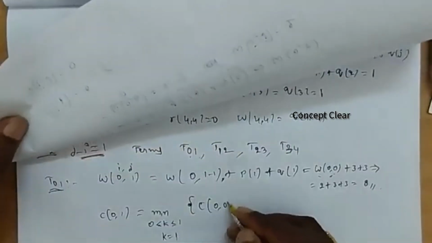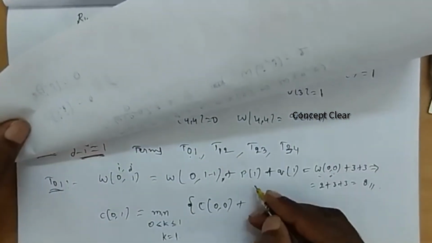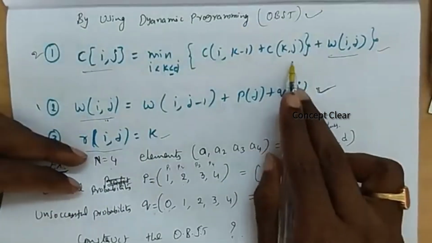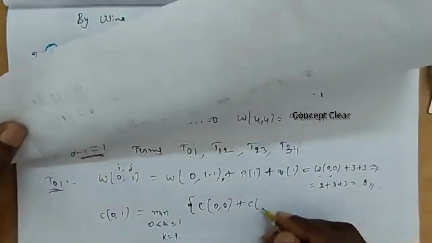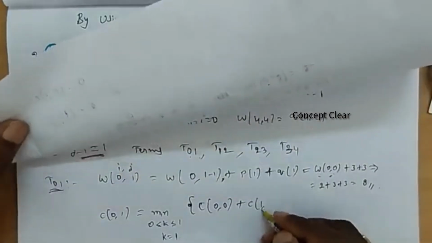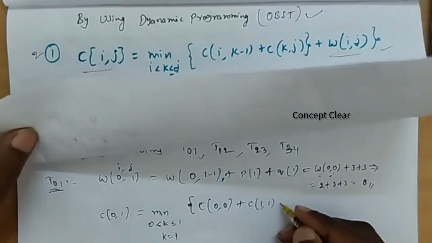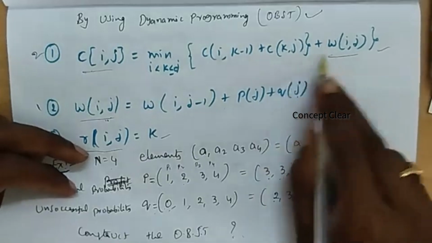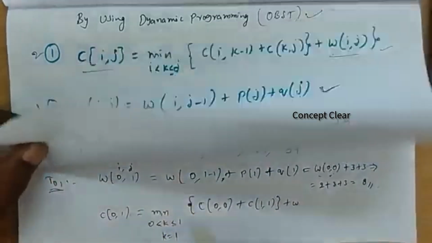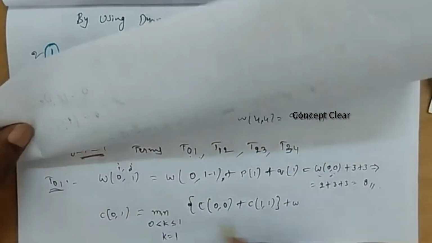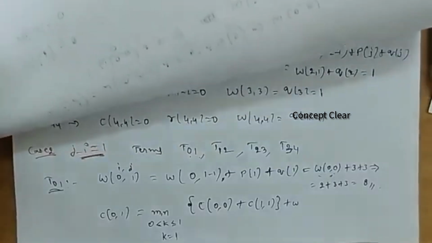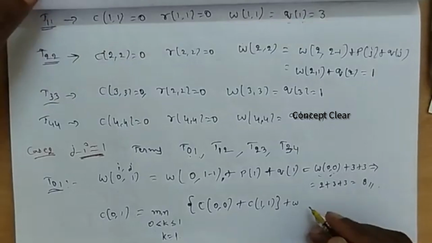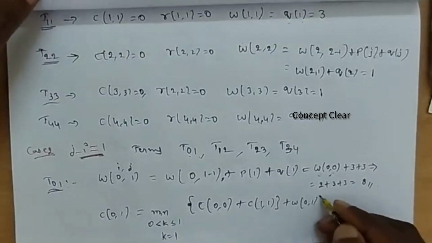So 0 comma 1 minus 1 is 0, plus C of k comma j. C of k value is 1, so 1 comma j value is 1. Then plus W of i comma j, which means W of 0 comma 1. I am writing here 0 comma 1.